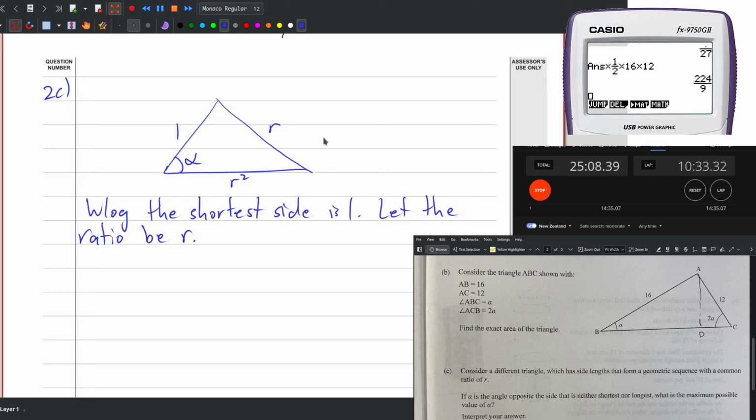What does this mean? Okay, you could use the cosine rule, I guess. So what's it like? r to the 4 equals r squared plus 1 squared minus 2 times 1 times r squared cosine alpha. This easy.